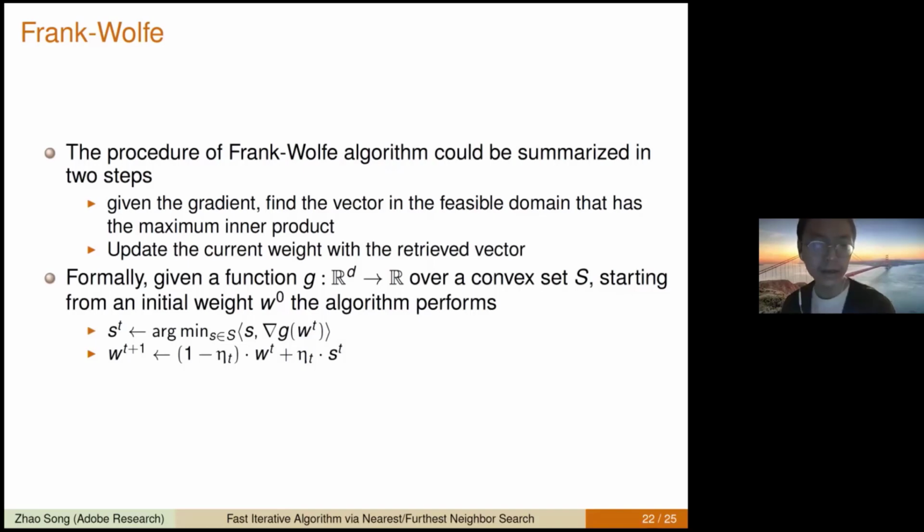You don't need to get the exact top K, because you only want to find the minimum one. So you don't need to use a high dimensional search data structure. You can just use locality sensitive hashing. That's already very good. And the interesting part is we are not the first ones to use this algorithm. People already tried to use this idea in practice, but they don't know how to prove any guarantee. We are the first to prove some guarantee.